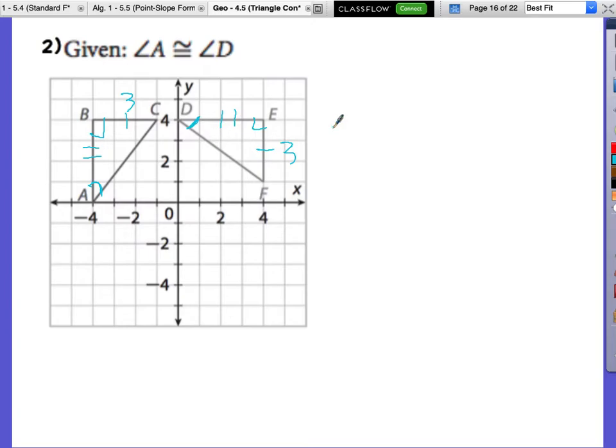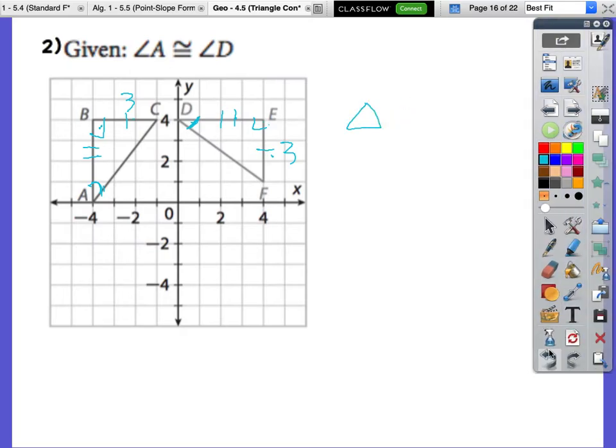So could we use angle, angle, side, or angle, side, angle? Okay, so we could do angle, angle, side, or we could do angle, side, angle, right? We could do either. So some of these we could do multiple ways. If you're asked on a test or a homework, and there are multiple you can use, either could be right.